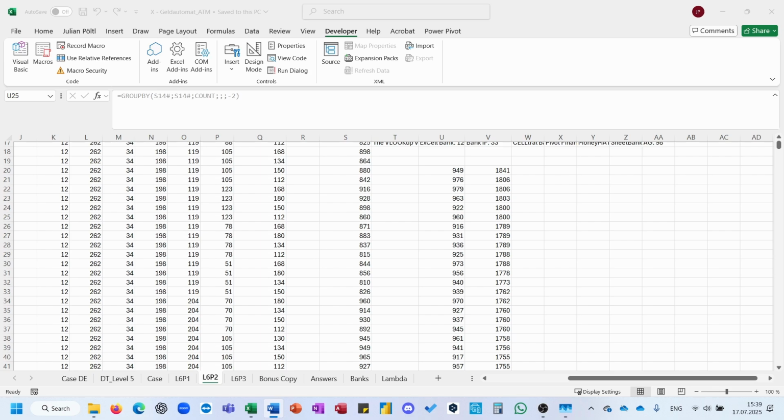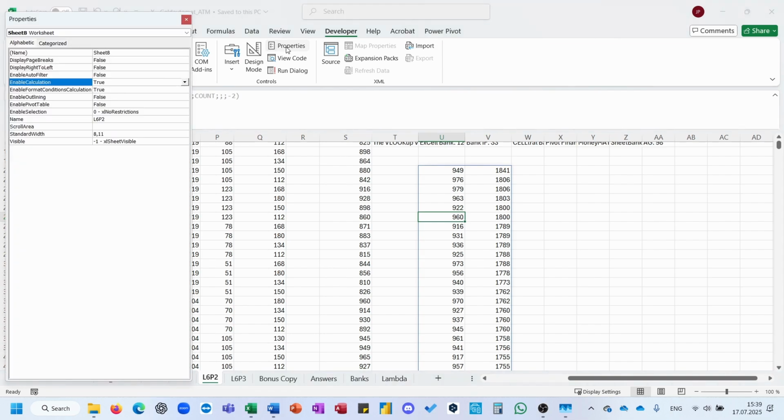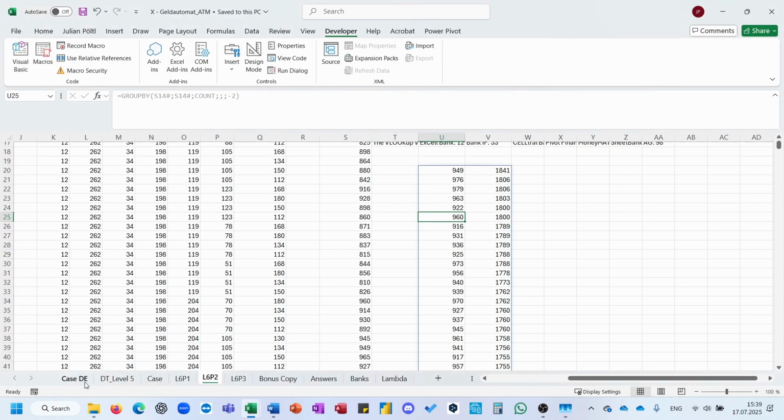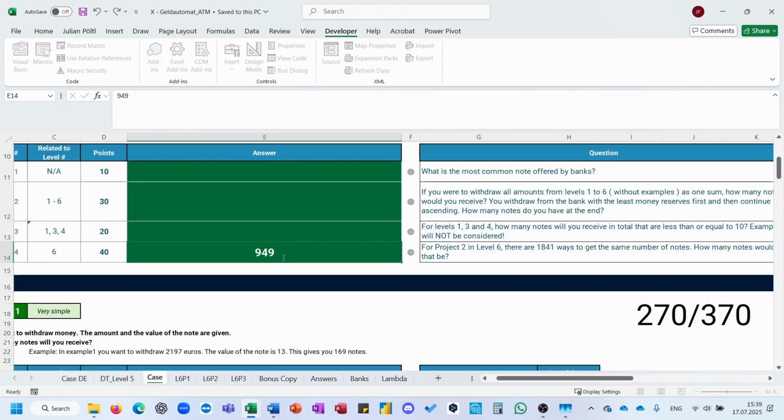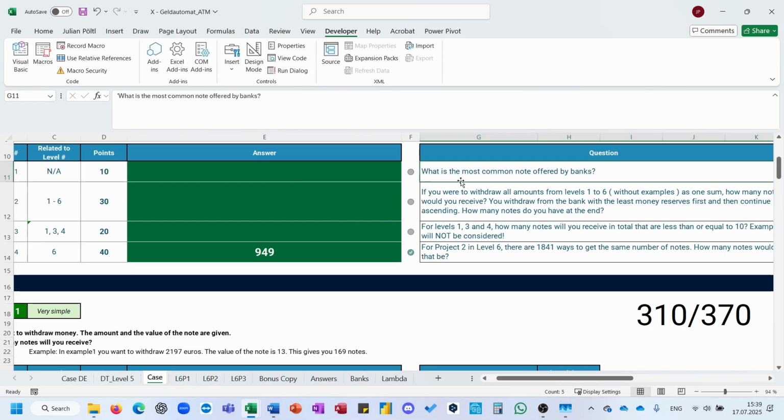So here we go. The number we are searching for is 949. Turn off the calculations. And I also have saved the file. So 949, which should be right. Yeah, it is.